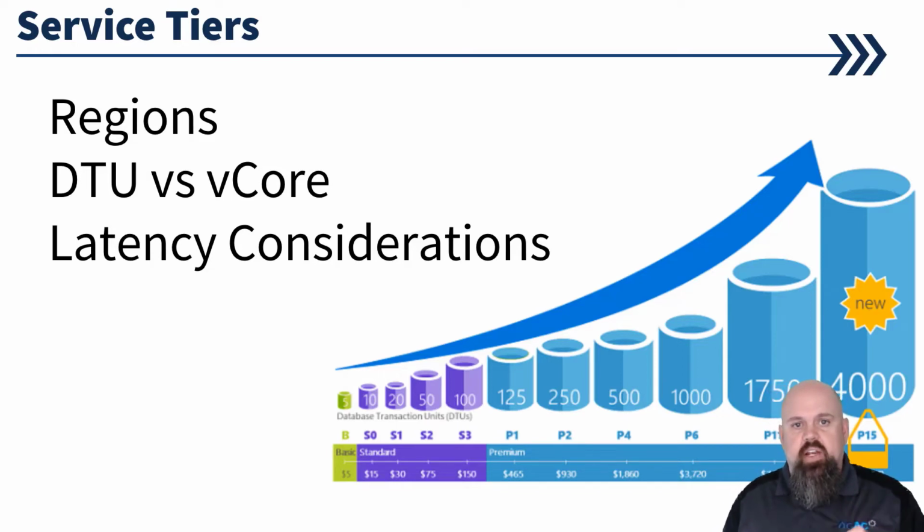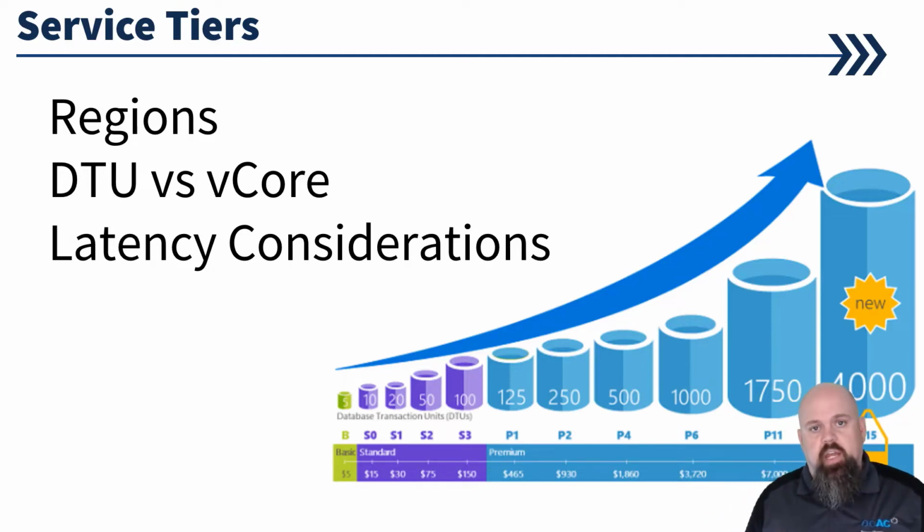If I have a highly transactional workload that's very dependent on having the fastest possible log latency, meaning I can shove as many transactions through the log file as possible, the higher level tiers, your premium tiers and your business critical tiers, are going to have a lower latency in log IO than the lower tiers. So you can run into log IO problems simply by choosing the wrong tier.